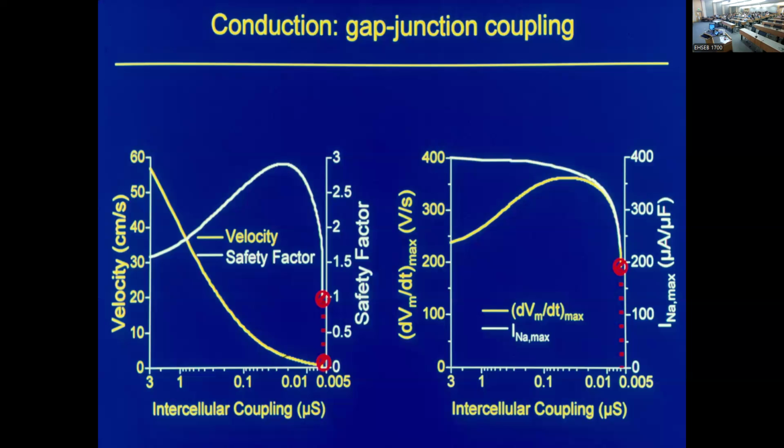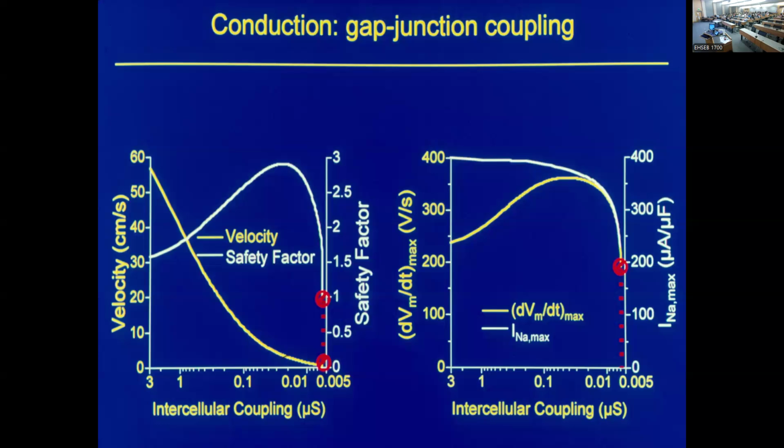If you look at the curve on the left panel, this is the telling one, really. What you see here is a monotonic decrease in conduction velocity. But unlike the case of reduced excitability, safety factor is not falling off together with the velocity.